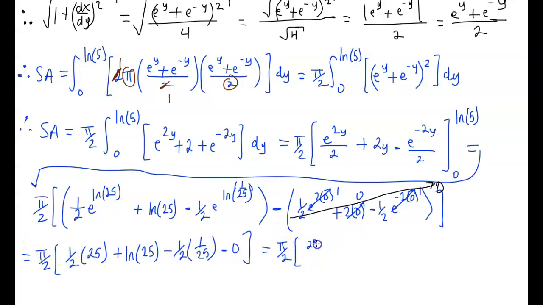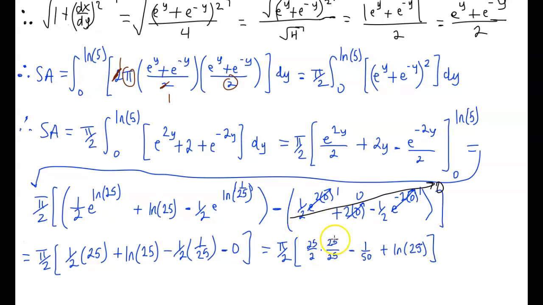This is 25/2, but I want this to have a denominator of 50. So I'm going to multiply the numerator and denominator by 25. I'm going to say minus 1/50 here, and then I'm going to do plus natural log of 25 here on the outside. So I just switched the order of the terms there.